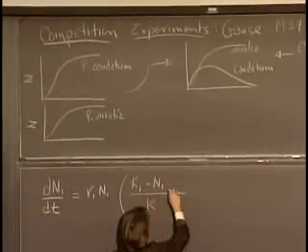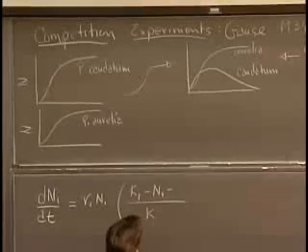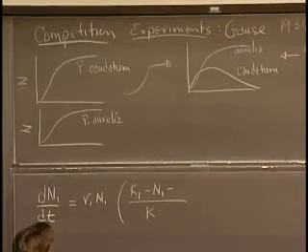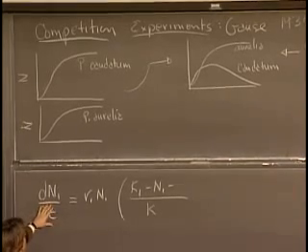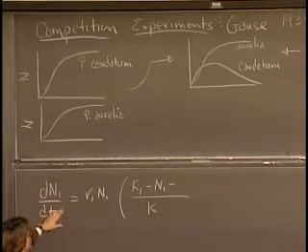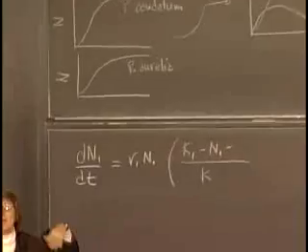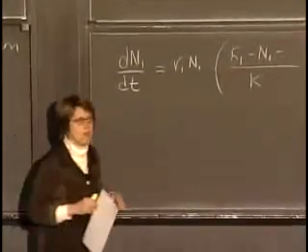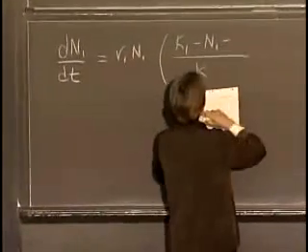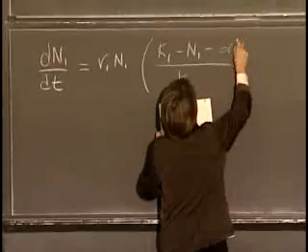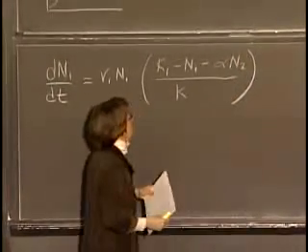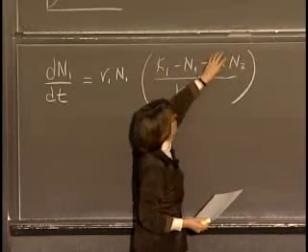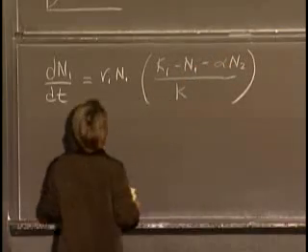But he said, I'm going to modify this equation so that the actual growth of the organism is reduced by some amount that's proportional to the number of the other organisms that are there. So he called that alpha N2. Okay? So some amount that's proportional to the amount of the other species that's here.